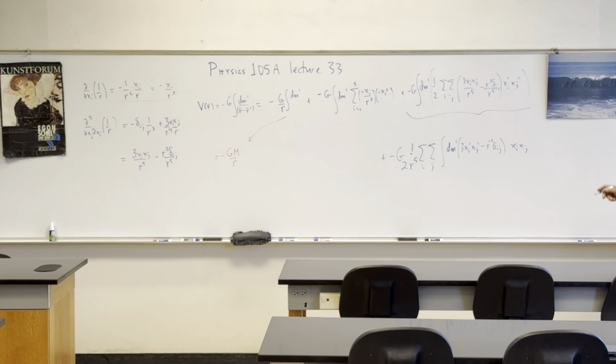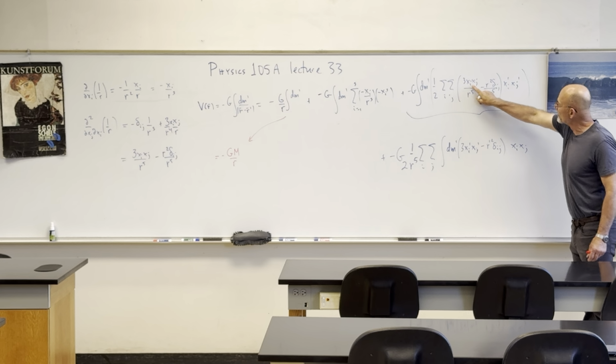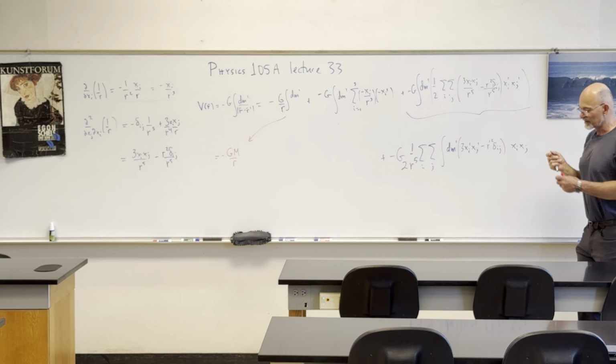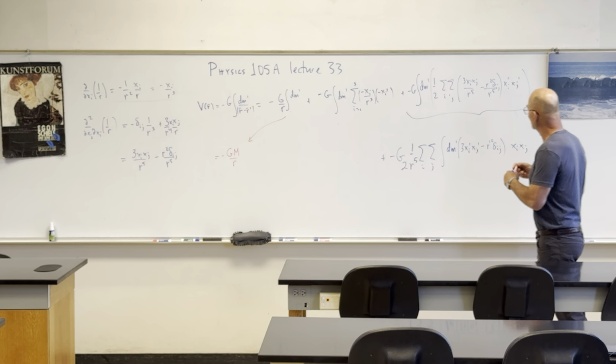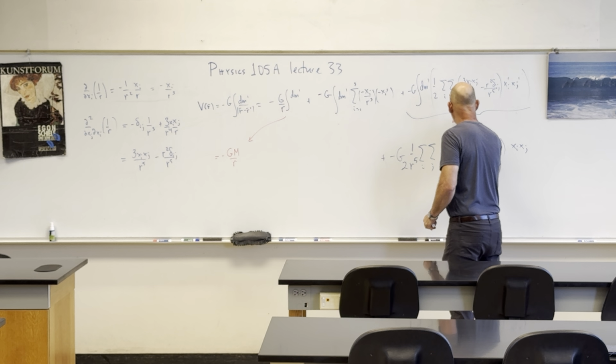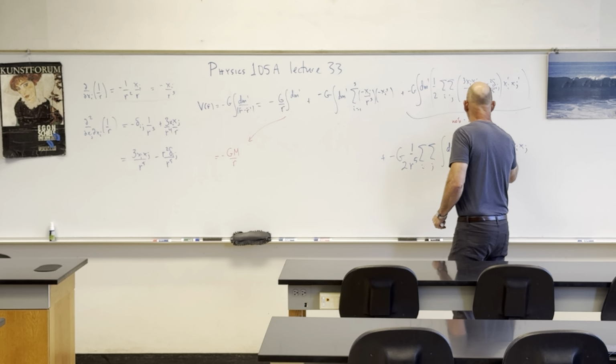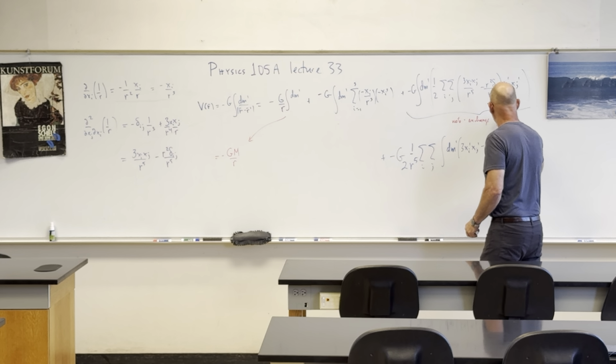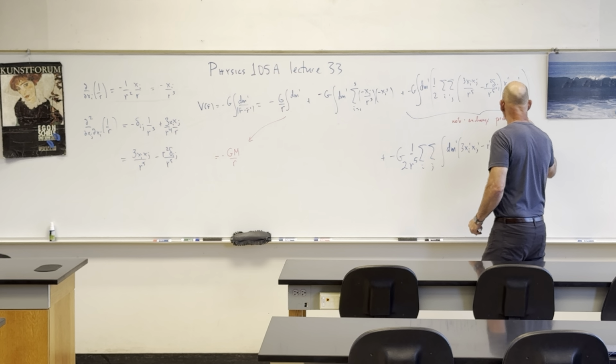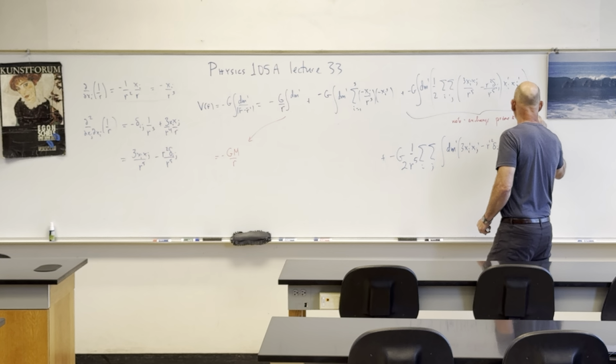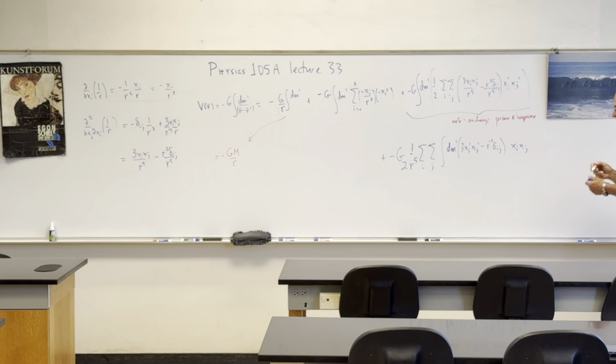Okay, so I just rearranged, but you have to note I was able to exchange the prime and the unprimed, completely legitimate reasons, without changing the total sum. And this here is the form that we're actually going to work with.